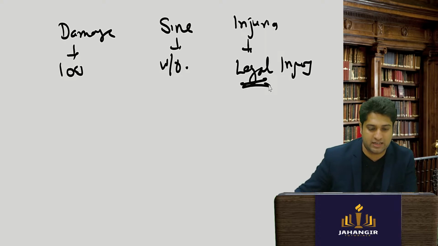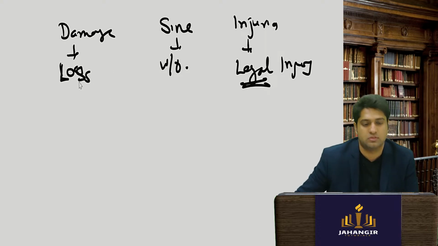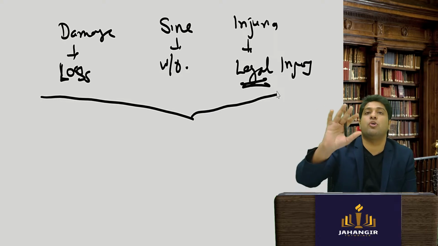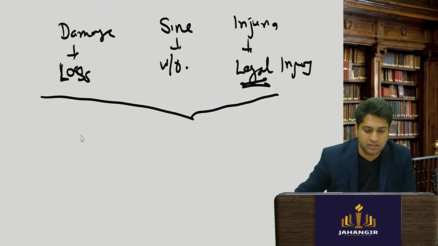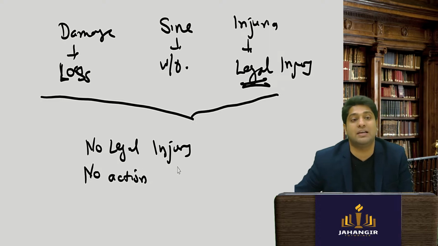So let's take an example. Here someone has got a loss, but without legal injury. So in the eyes of law, there is no injury. If there is no legal injury, no action can be taken in court.